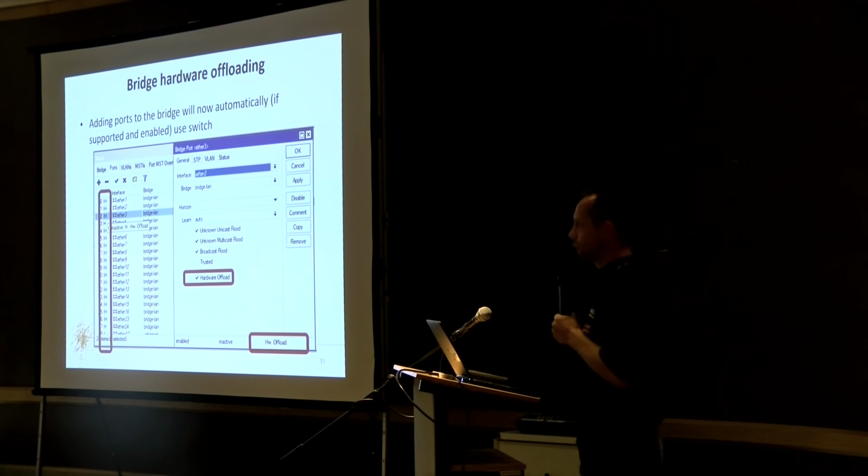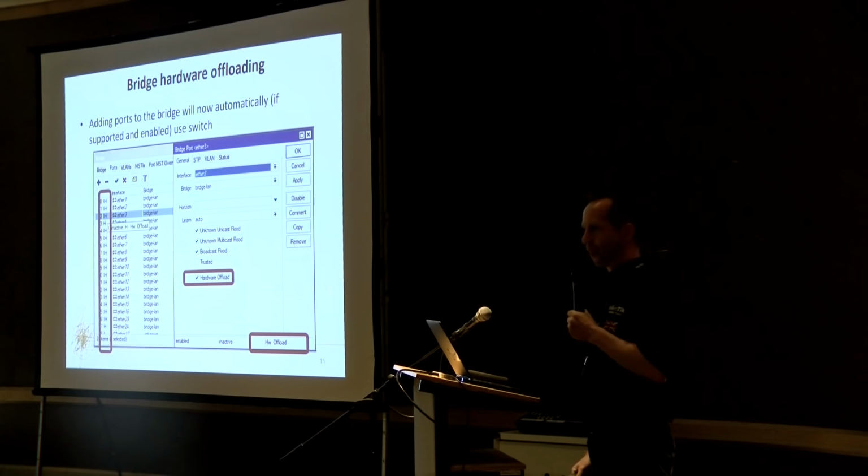Now, if you are upgrading routers from older versions to 6.41 or newer, it does upgrade automatically and it does create a bridge. However, sometimes I have seen routers create blank bridges and not put the ports back in.